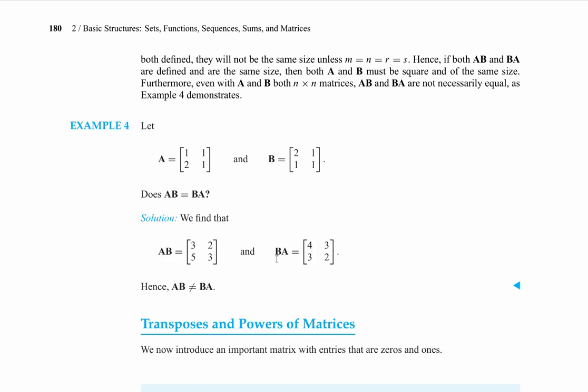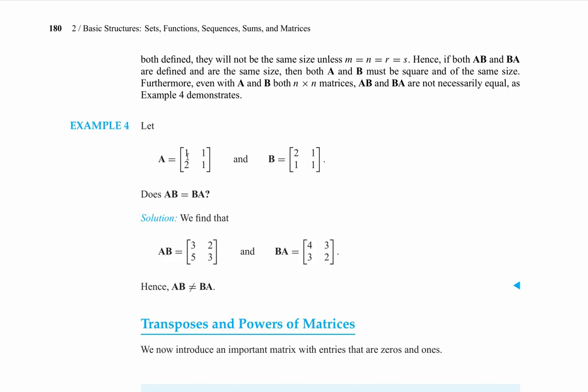But if you do B times A, so the rows of B times the columns of A, then the first row of B is going to be 2 times 1 plus 1 times 2. Yeah, we get 4.